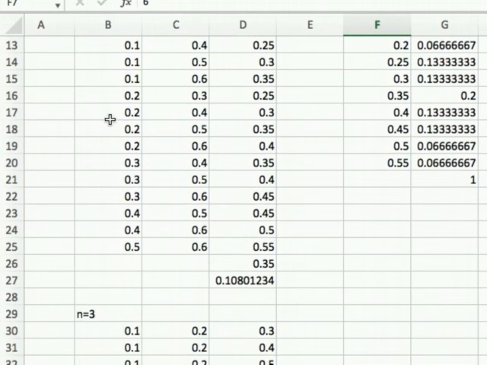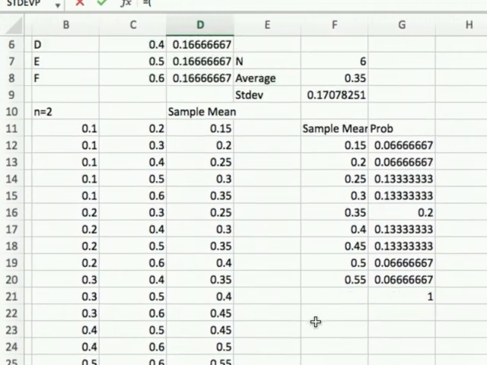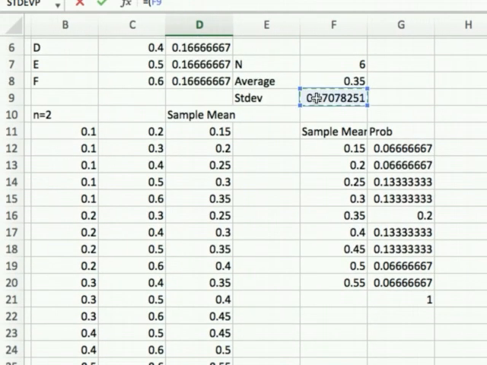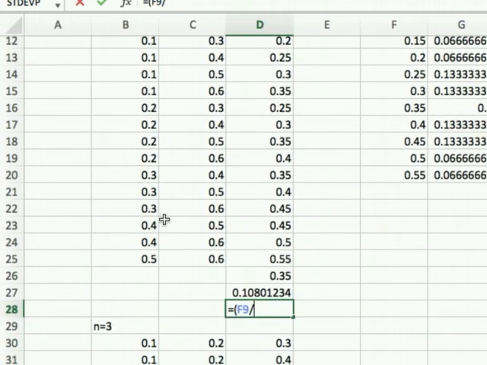So to compute for sigma sub x bar, we have to use the longer formula. So again, the longer formula is sigma over the square root of n. So we have sigma computed here, and then we will divide that by the square root of the sample size, which is 2. So this is the first part of the formula.